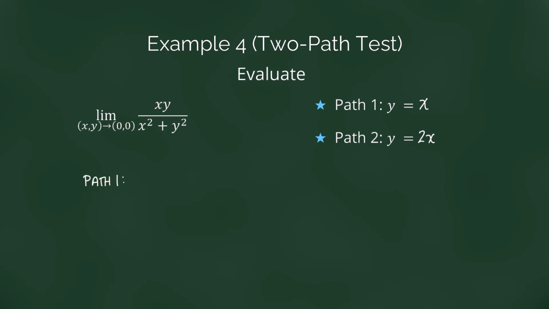If we approach along that path, then we're limiting our investigation to all the places where y equals x, which means our limit becomes x times x over x squared plus x squared, replacing all of our y's with x. So that's x squared over 2x squared.